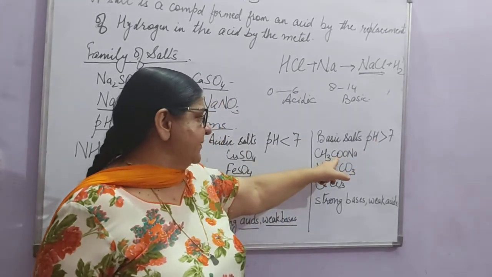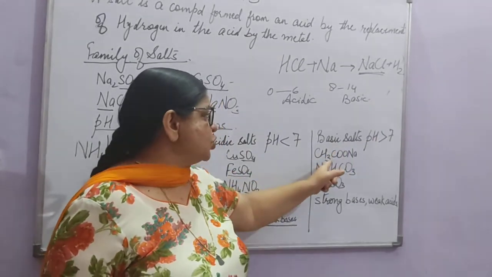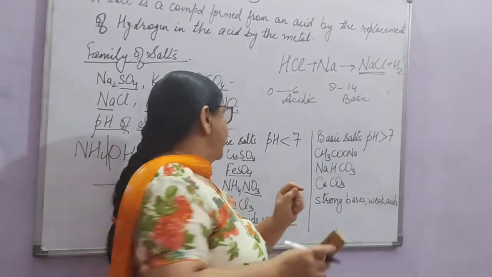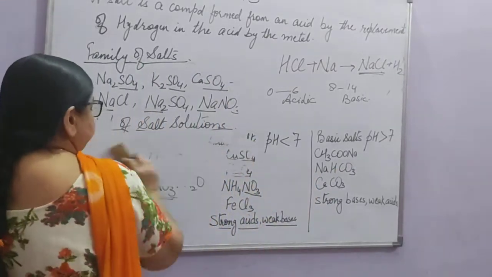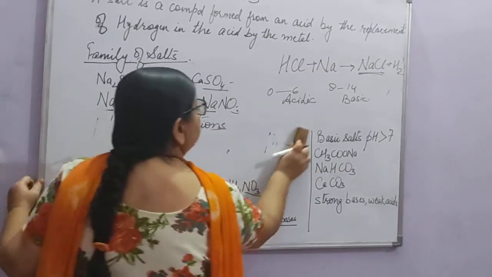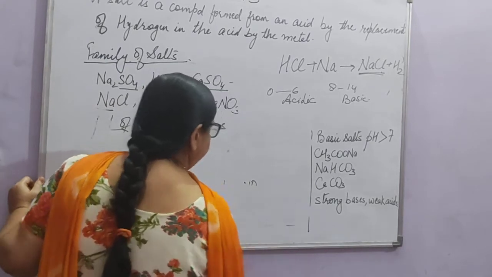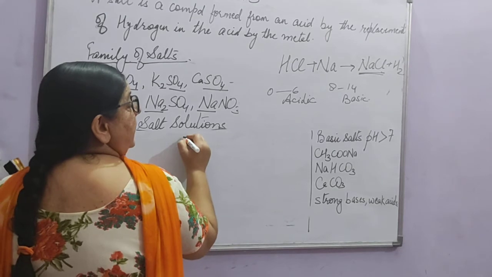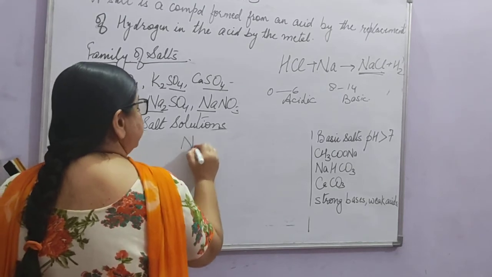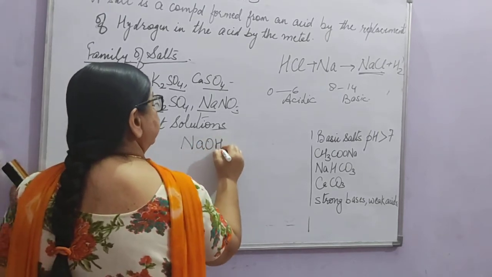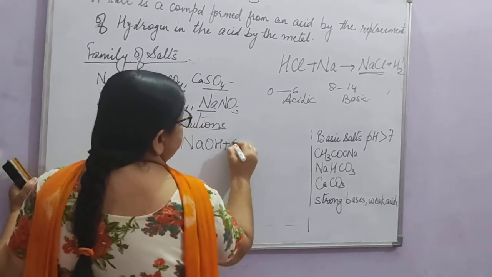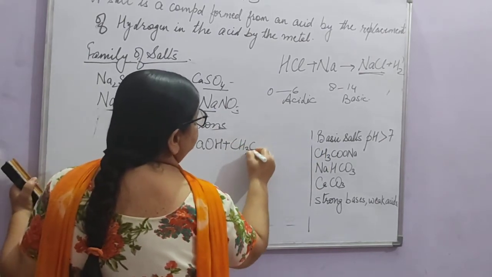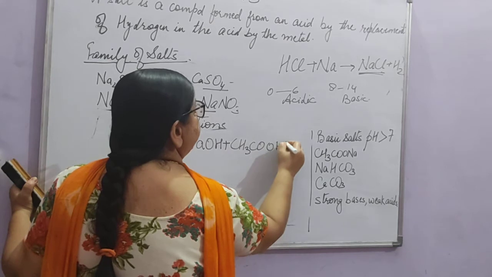Now like this example we take sodium acetate. Sodium acetate means we take a base, that is NaOH, plus acetic acid, that is CH3COOH.